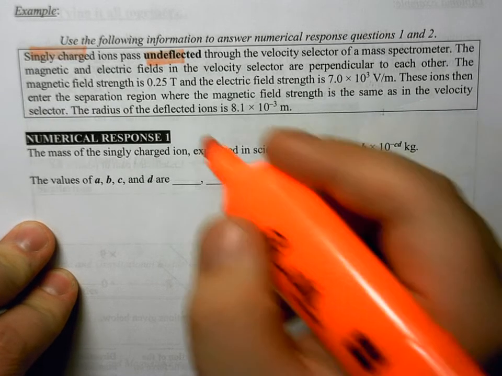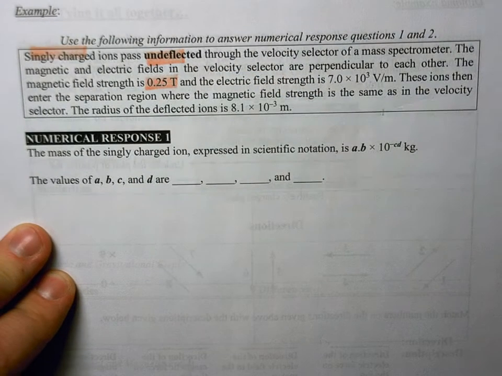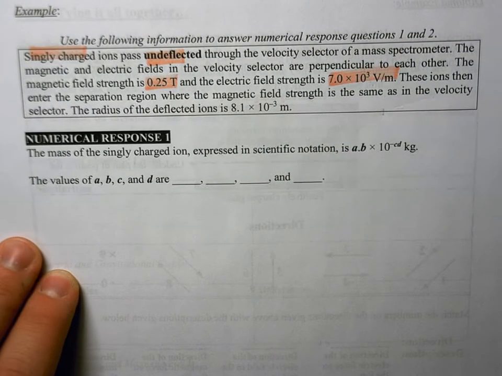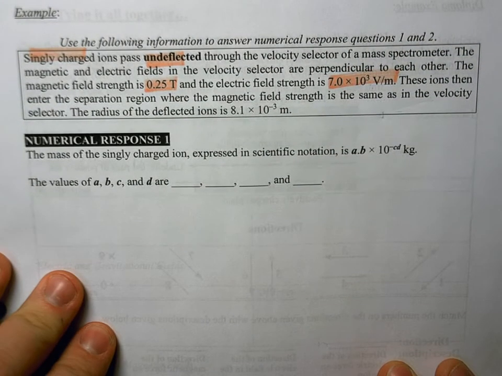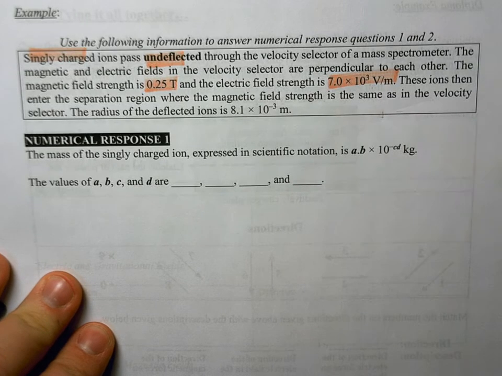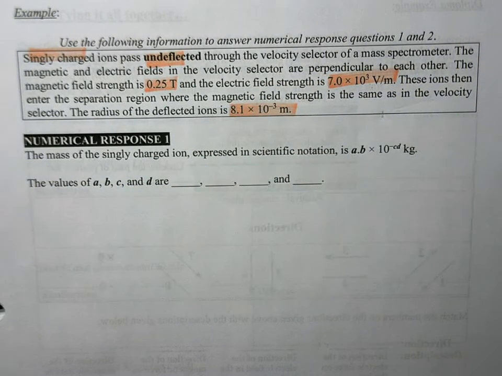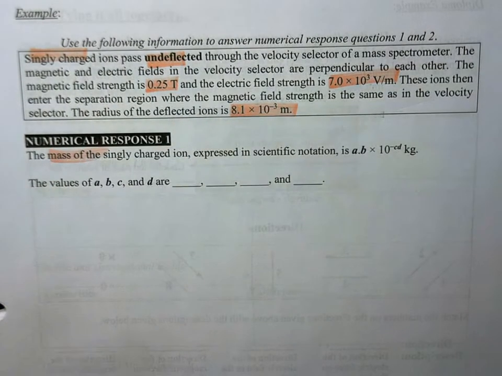The magnetic field strength is 0.25 teslas, and we have an electric field strength of 7.0 times 10 to the 3 volts per meter. These ions then enter the separation region where the magnetic field strength is the same as in the velocity selector, because again, magnetic field can't change the speed. So the radius of the deflected ions is 8.1 times 10 to the minus 3 meters. What we're being asked is to find the mass of this singly charged ion.